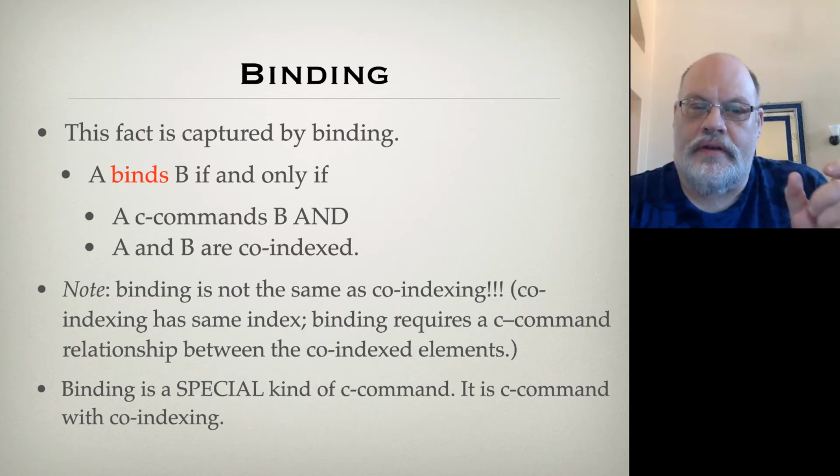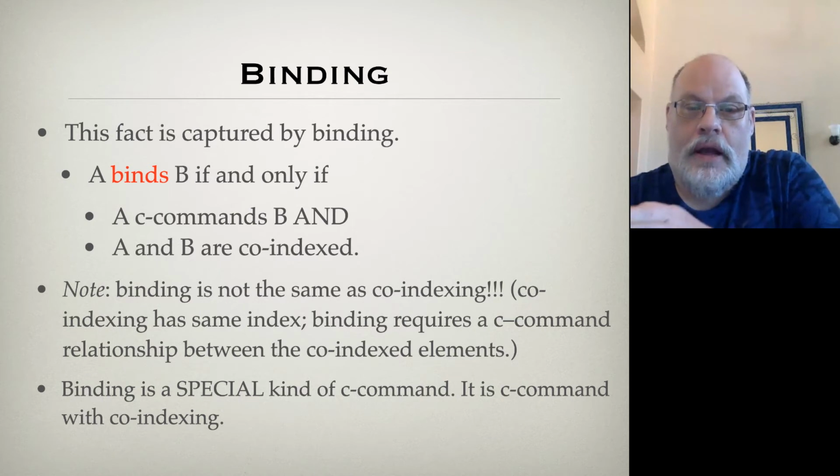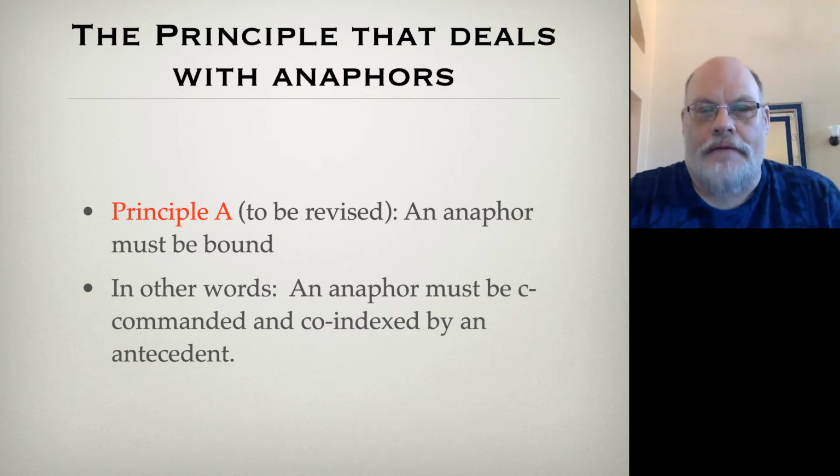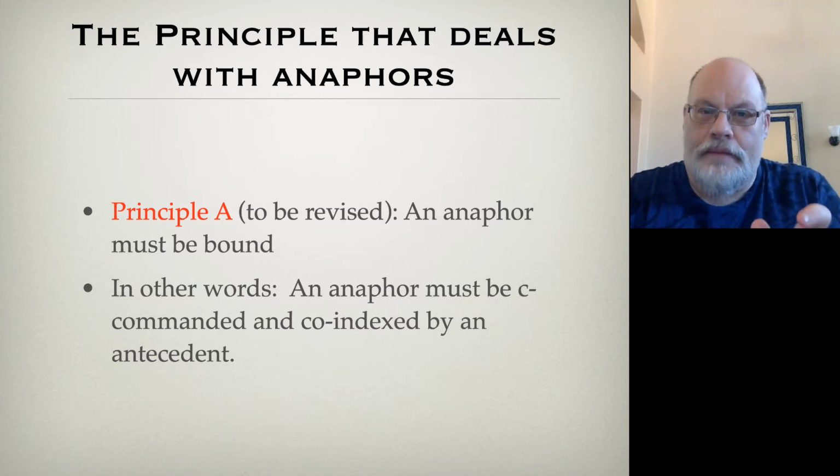Now we're going to use this term binding to express where an anaphor can find its antecedent. The condition we have to explain the difference in those sentences we've been looking at is called Principle A. Principle A, which we're going to revise slightly in a few videos, says that anaphors must be bound.